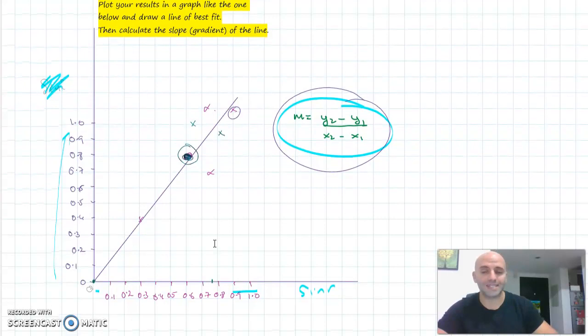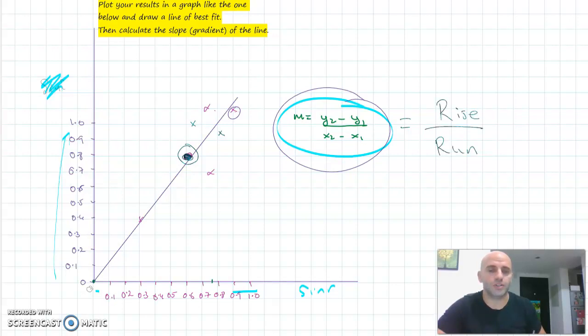Oh, sorry, last thing. Once you're done plotting it out, you then calculate the gradient or the slope of that graph, and you can do that by the rise over the run, or you can do it using coordinate geometry, y2 minus y1 over x2 minus x1. So you just pick a point that's not a data point unless it's actually on the line.